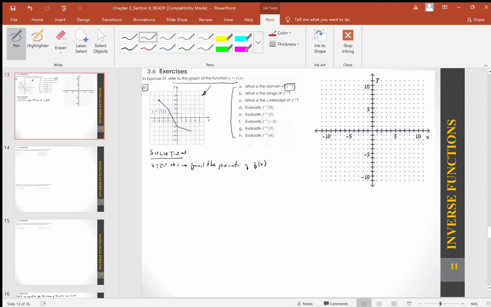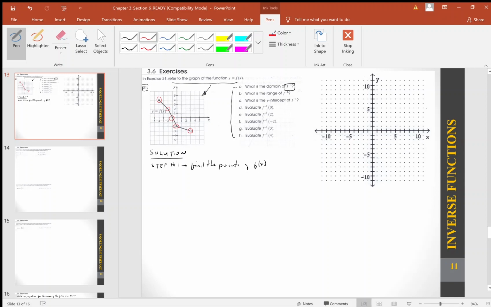In doing so, this is a point right here, this is a point right here, this is a point right here, this is a point right here, and this is a point right here. So those 5 points. You don't have to plot all 5 points, but I just chose that just to be able to show you an example.